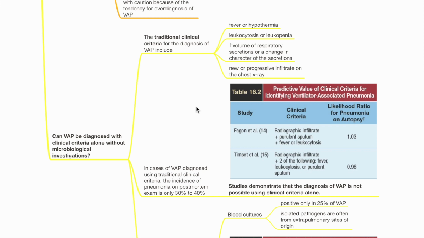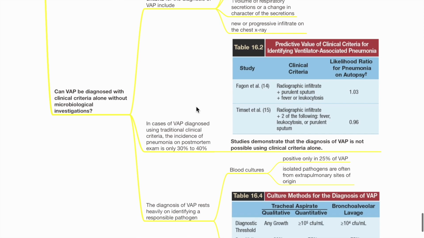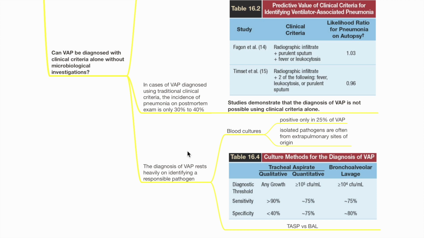In cases of VAP diagnosed using traditional clinical criteria, incidence of pneumonia on post-mortem is only 30 to 40%. Thus, diagnosis of VAP is not possible using clinical criteria alone and relies heavily on identifying a responsible pathogen via blood cultures, cultures of tracheoaspirate and bronchoalveolar lavage, etc.